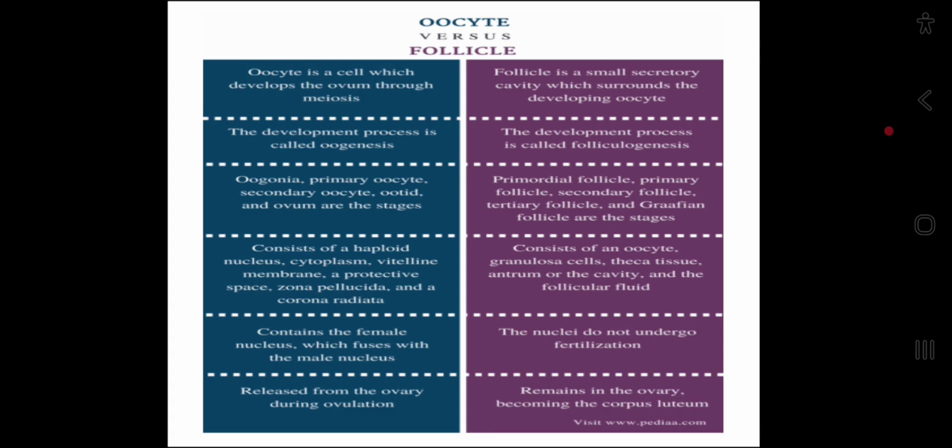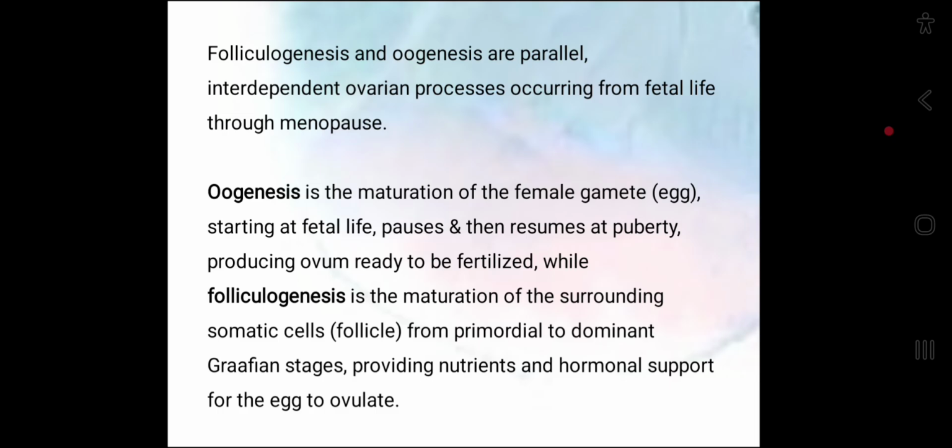Following ovulation, the follicle remains in the ovary and develops into corpus luteum. And so folliculogenesis and oogenesis are parallel independent processes that occur in the ovary from fetal life up to menopause, throughout the reproductive age.